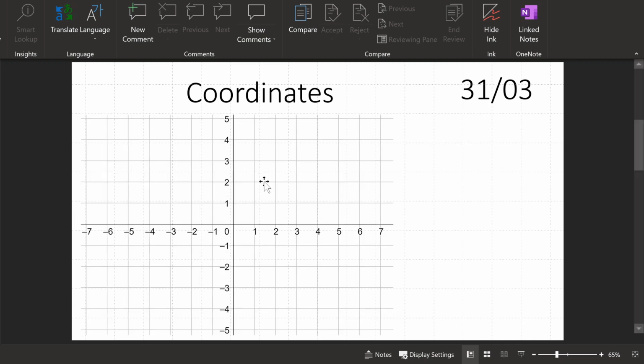So we can see, okay, we still have the x-axis, right? We still have the y-axis. And we still have the origin, right?